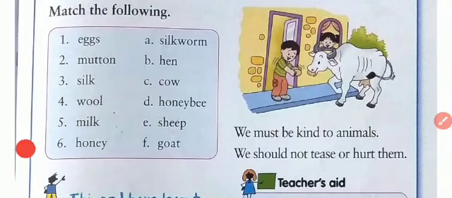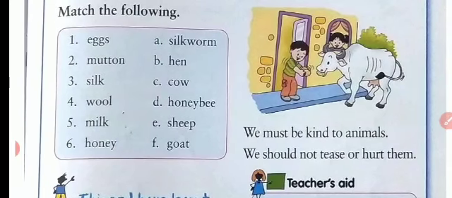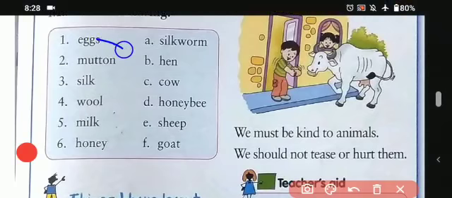Now we have the other match the following. Let's do it. The eggs. Students, tell me, from where do we get the eggs? We get the eggs from the hen. Okay, students? And there is mutton. Where do we get the mutton?